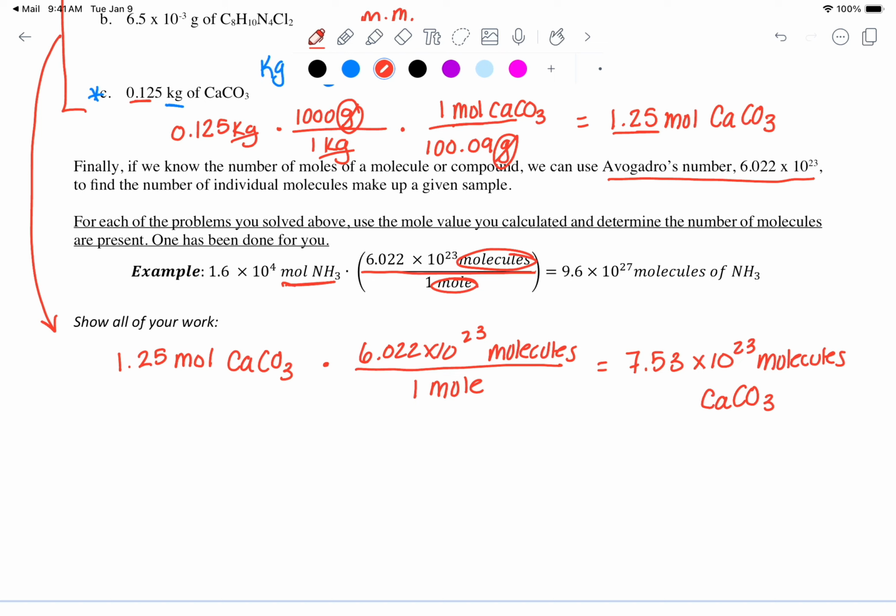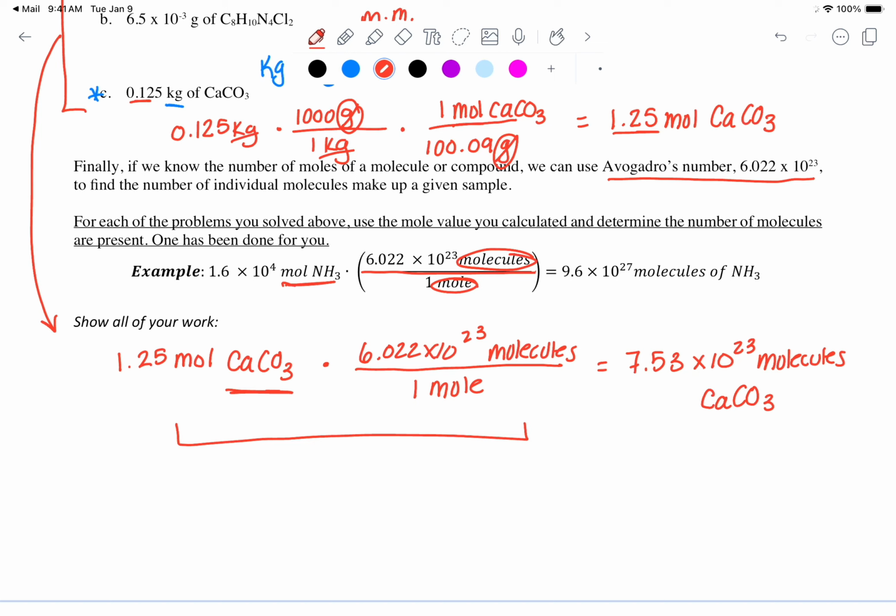So all we do is take our mole value and multiply it by Avogadro's number, and that's how we get our molecules. You'll notice that whenever we do this, nothing about the specific molecule is relevant to this conversion. This could be 1.25 moles of oxygen, and we would get the same number out, because this conversion factor does not utilize the mass or the identity of the compound itself, because Avogadro's number is a counting number.